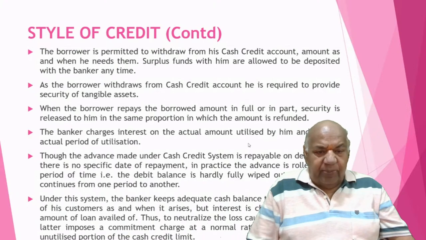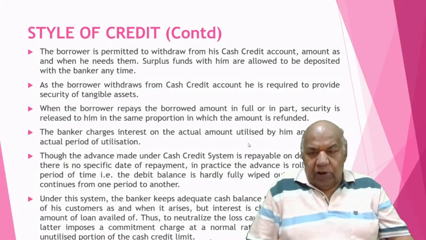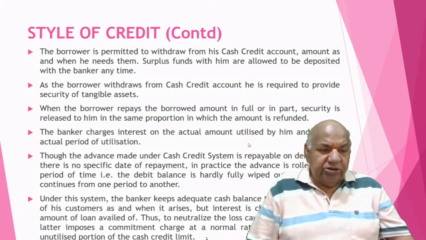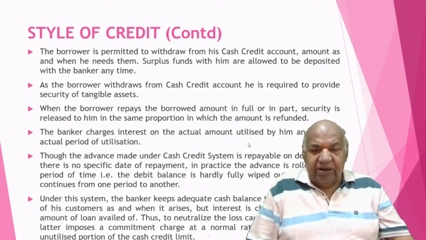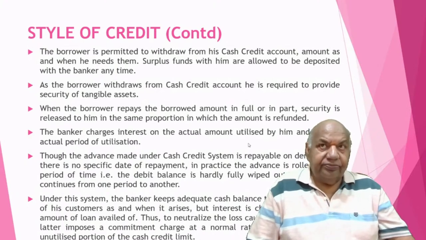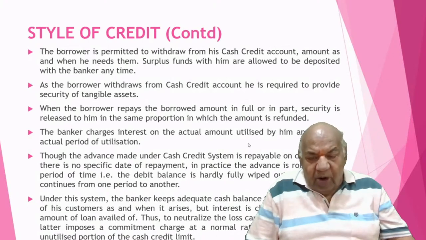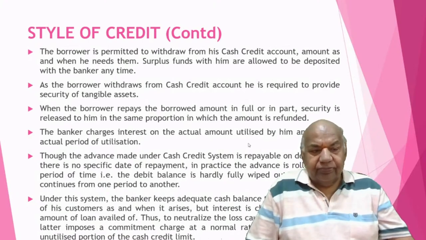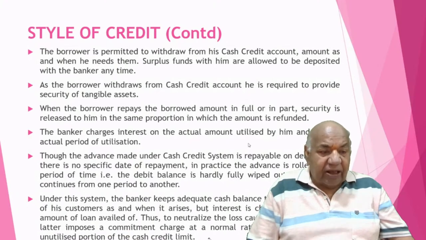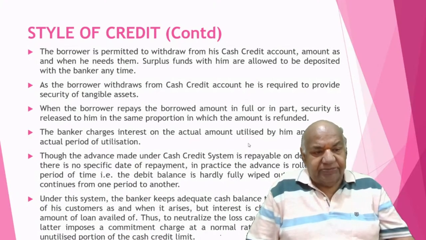When the borrower repays the borrowed amount in full or in part, security is released to him in the same proportion in which the amount is refunded. The banker charges interest on the actual amount utilized and for the actual period of utilization.